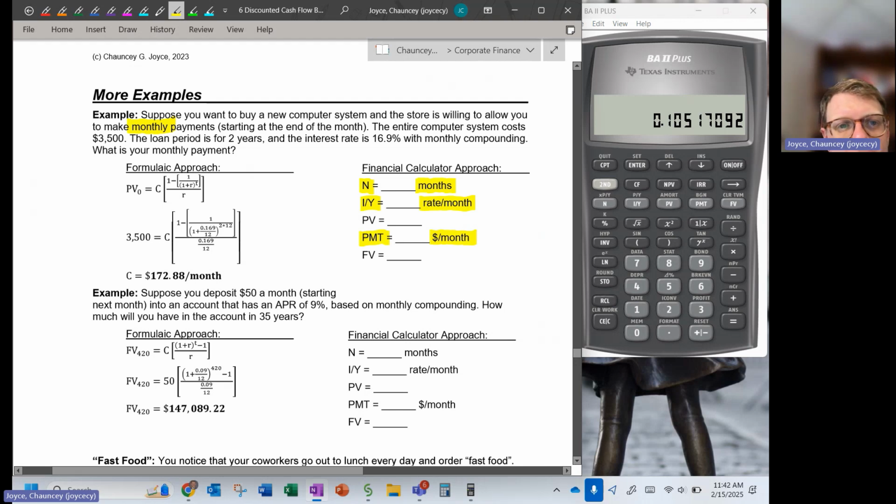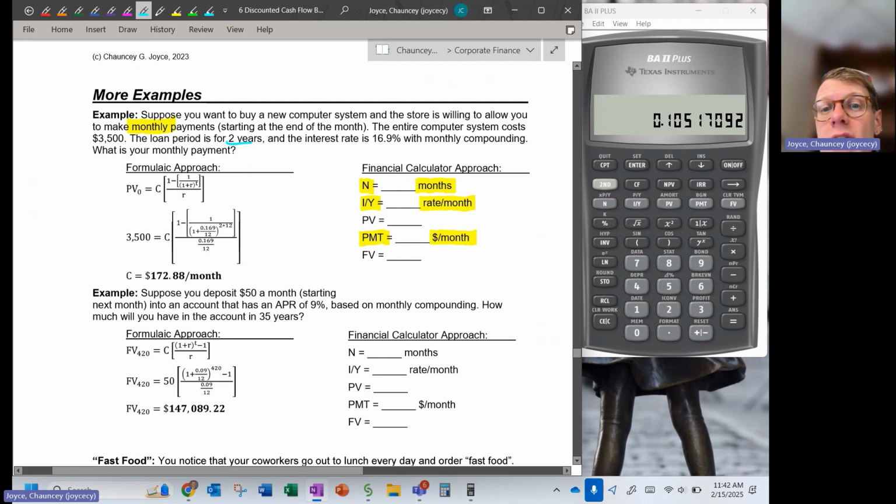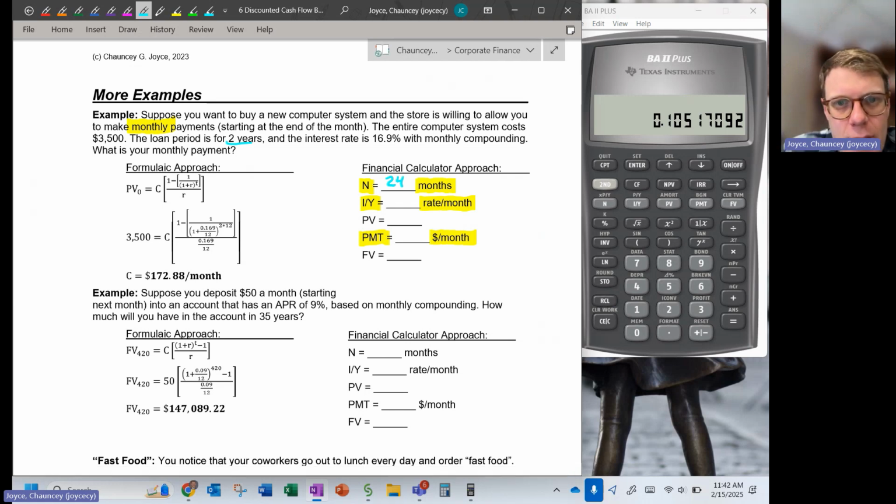So if we do this in a financial calculator, if we have a loan payment of 2 years, the time is not 2 years. The time we need to value is actually 24 months. And I know you're saying, well, Chauncey, that is the same thing, but we need to consider the time accurately and we need to measure it in months.